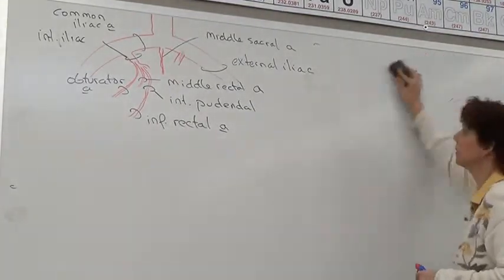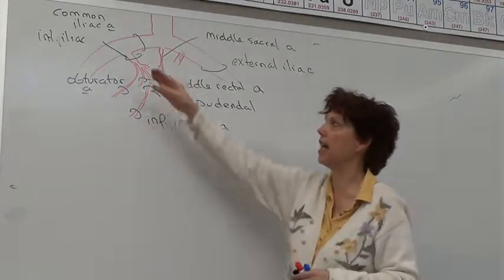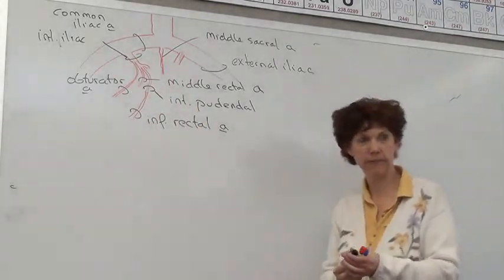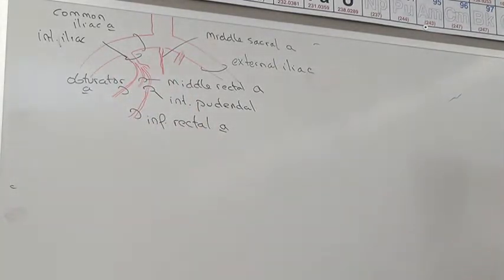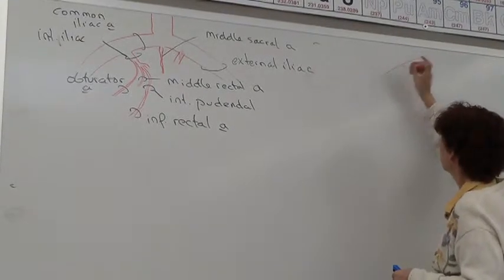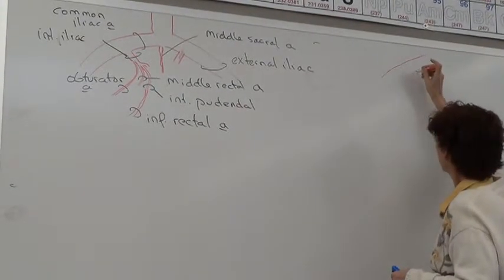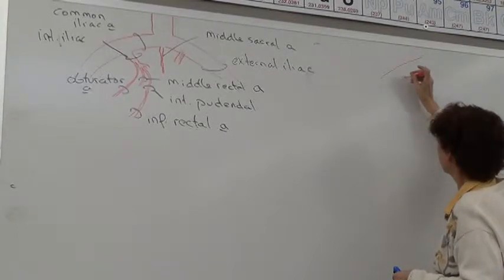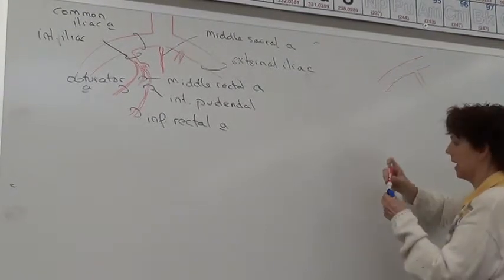All right. So now let's look at the external iliac. This is similar to our upper limb, in that it's named for the bones and nerves and structures that we found in that region. So we have common iliac, giving off internal iliac and forming external iliac.